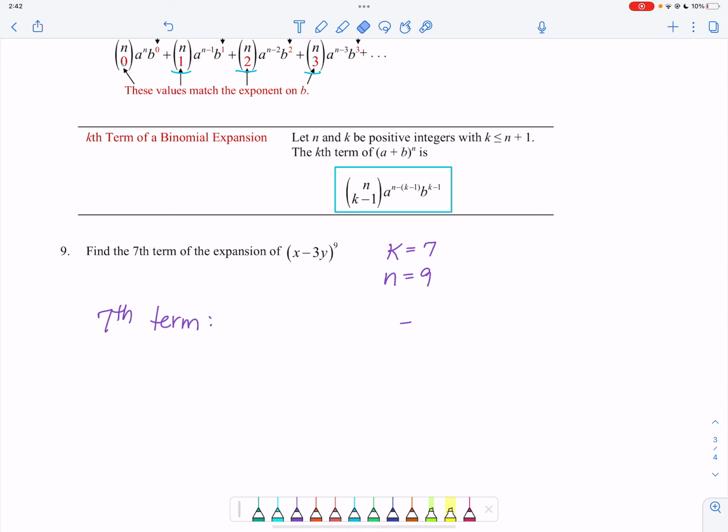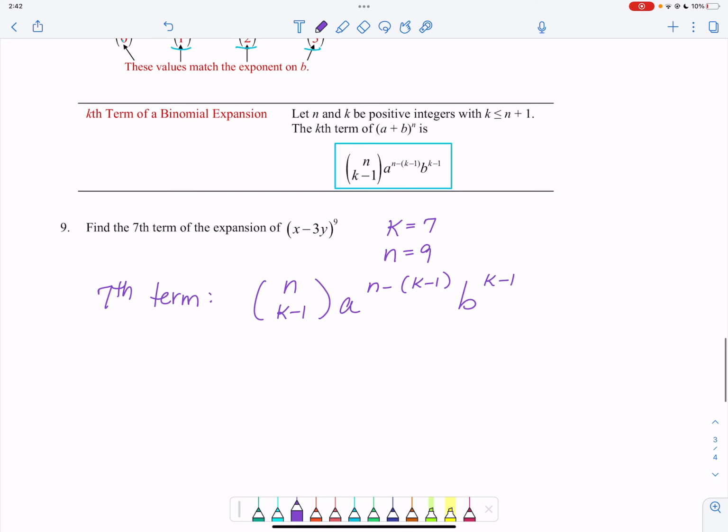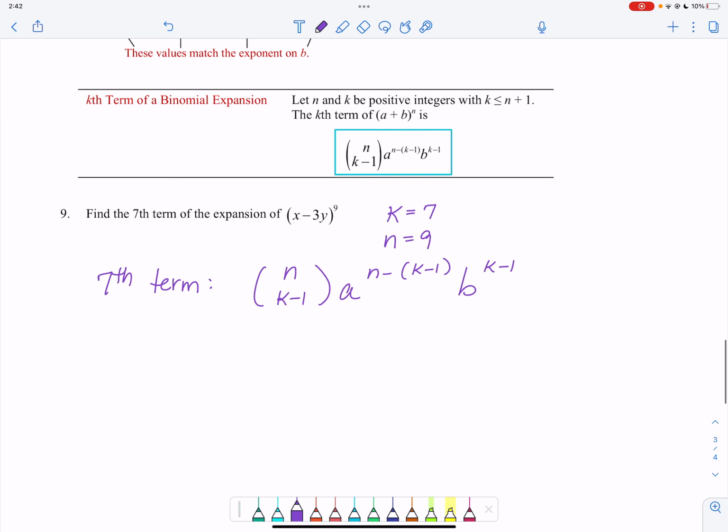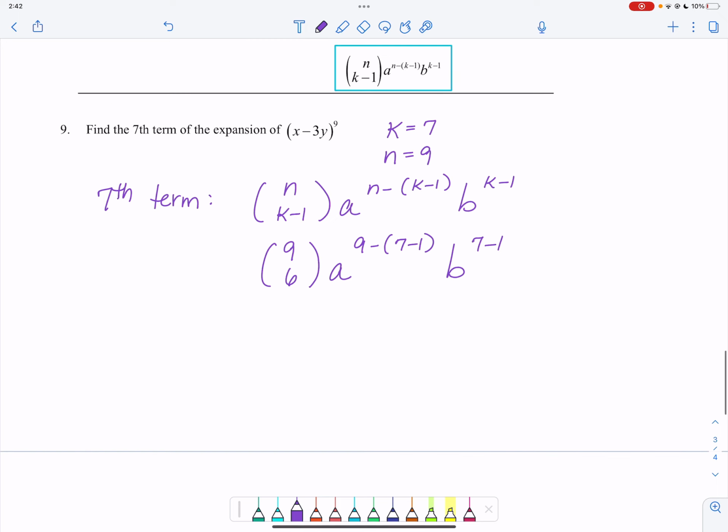So we'll have n choose k minus 1, a to the n minus k minus 1, b to the k minus 1. I think that would be better. So remember that n is 9 and k minus 1 is 6. And then we have 9 minus 7 minus 1 and b to the 7 minus 1.